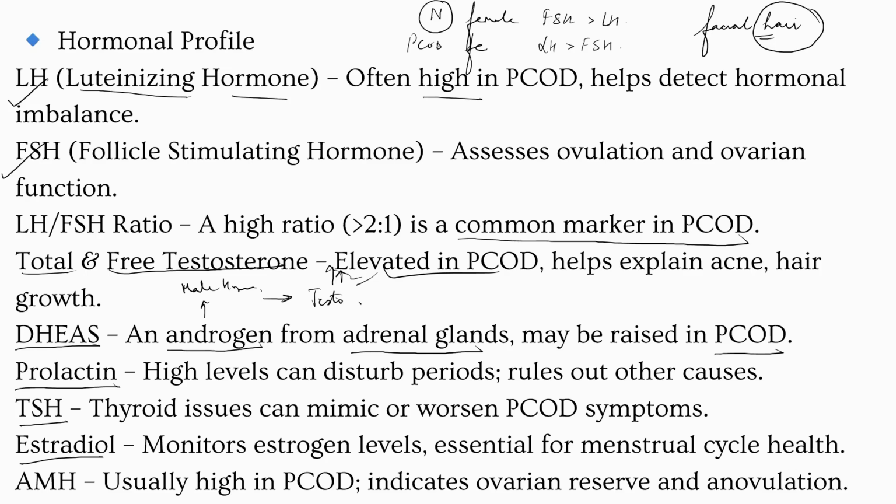Again, estradiol, estrogen levels will be increased, and AMH. AMH is like an ovarian reserve, and it is increased in PCOD. I have seen a level of 12, 13, over 16 also in new PCOD cases, whereas normal AMH is around 3.5 to 4.